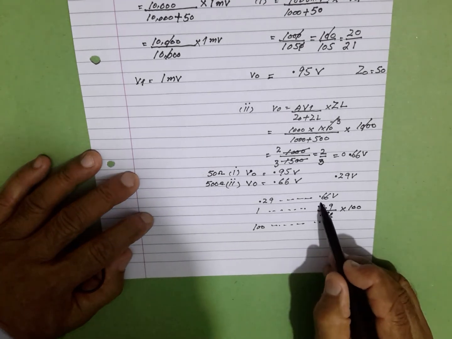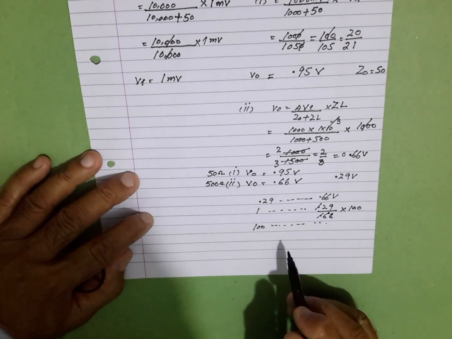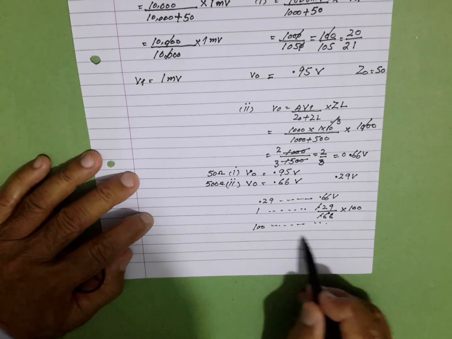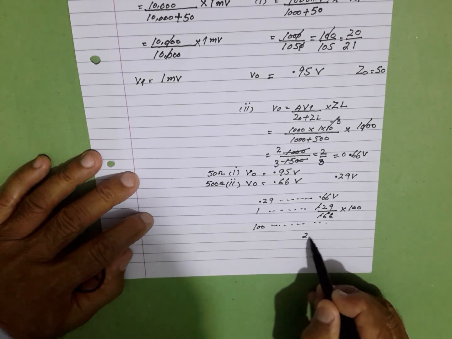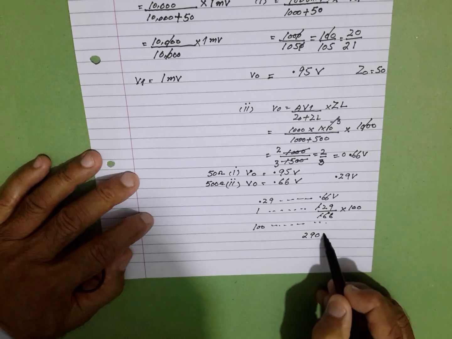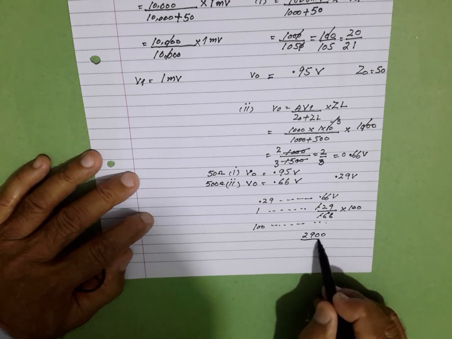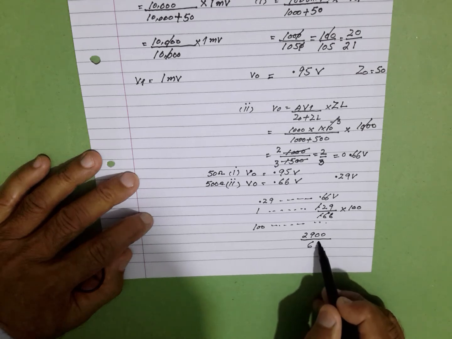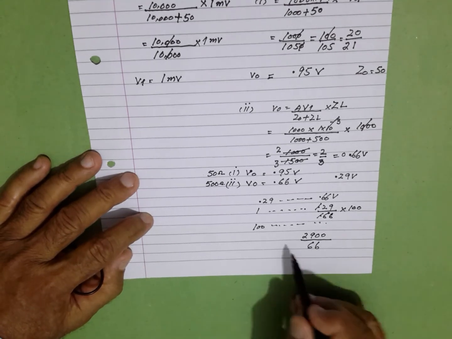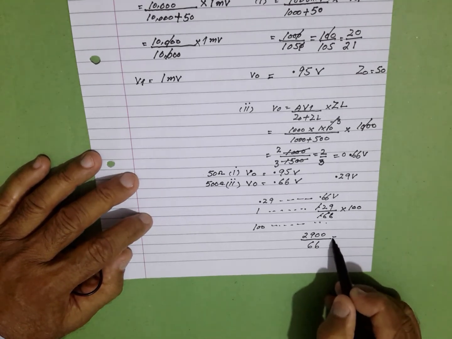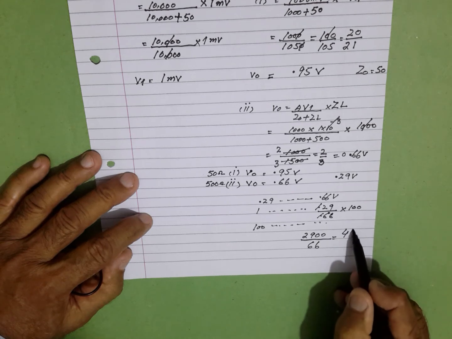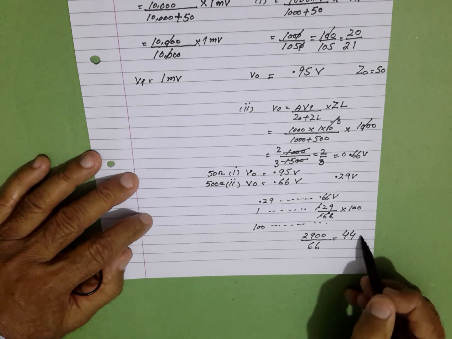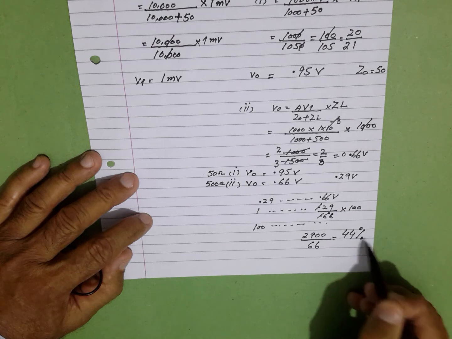And this decimal cancels with this, so we are left with 2900 divided by 66, and if you read the table, this is 44, and of course in percentage.